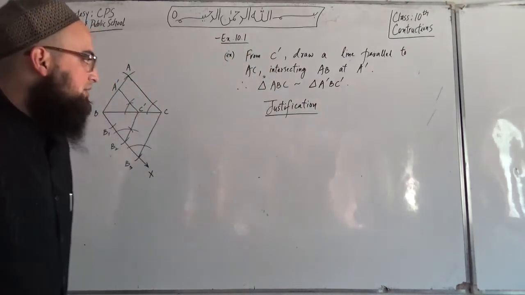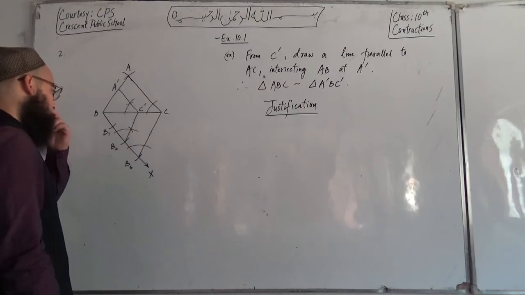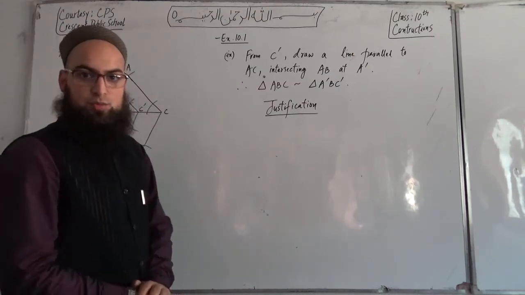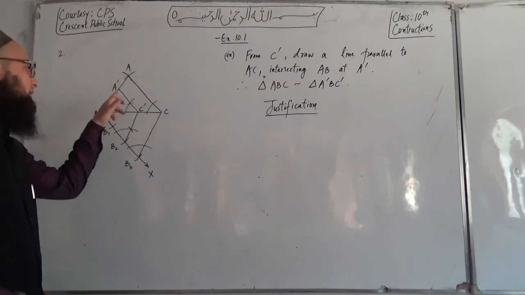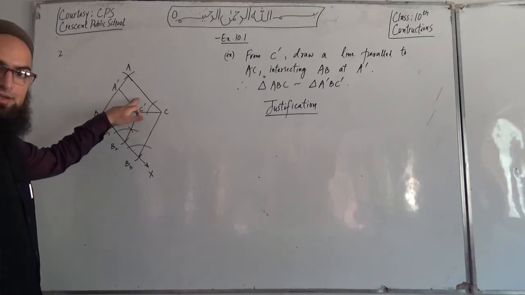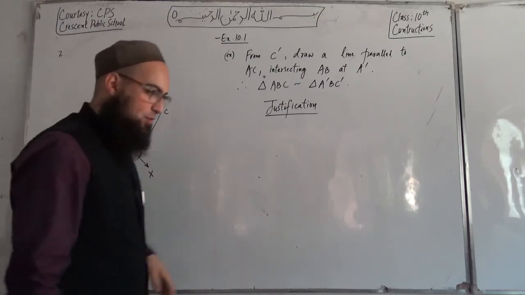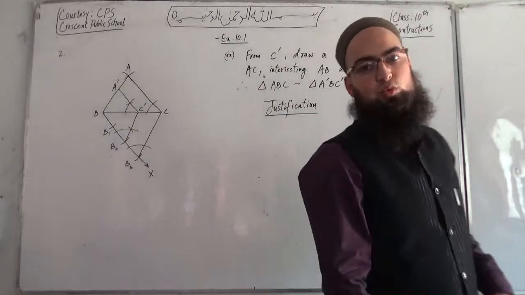Let us have a justification. In justification, we need to prove that this triangle is similar to this triangle in such a way that their corresponding sides are in the ratio 2:3.